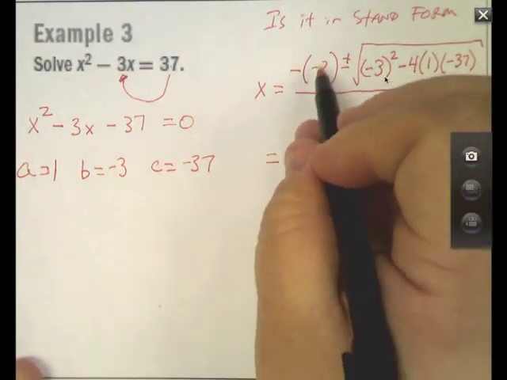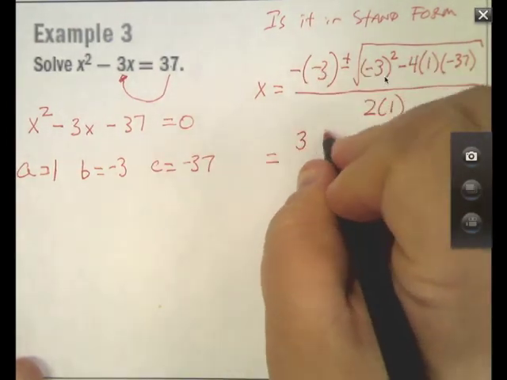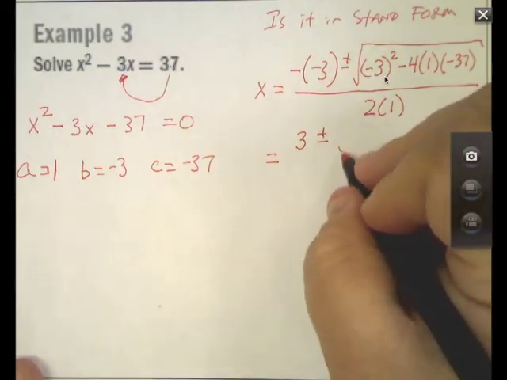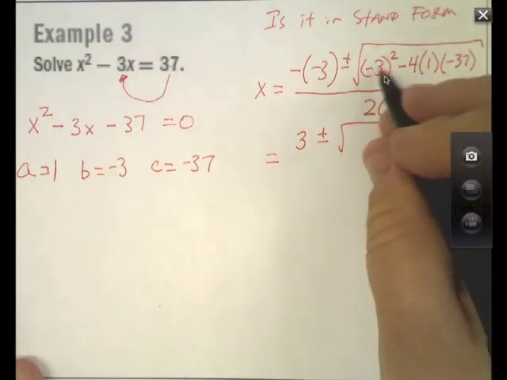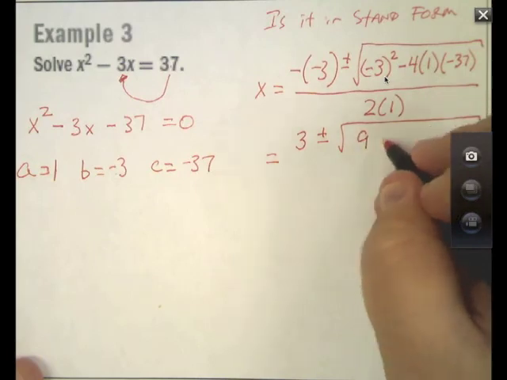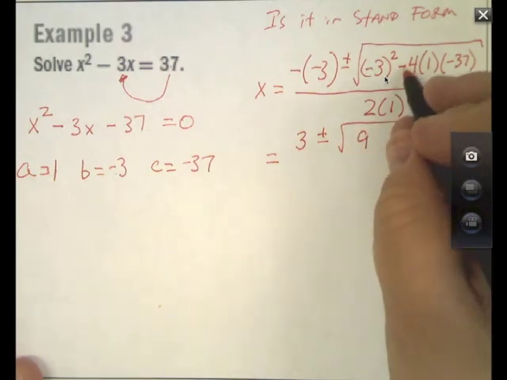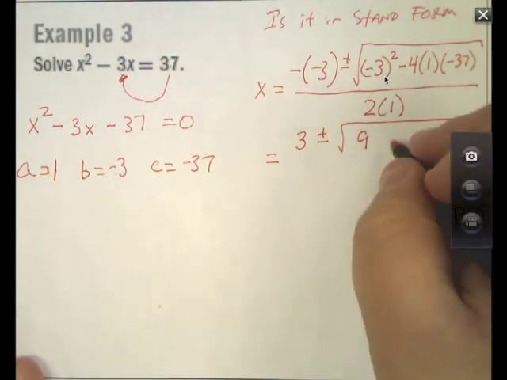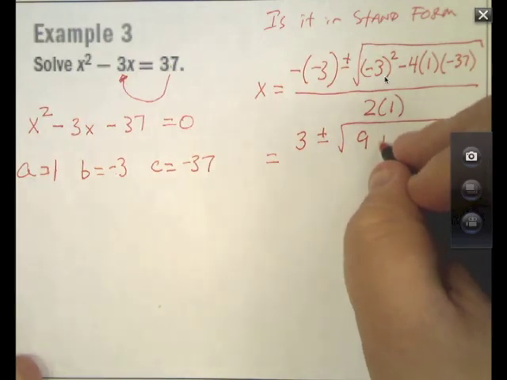Do my steps. A negative times a negative is a positive 3, plus or minus. Negative 3 squared is 9. And a negative times a negative is a positive.